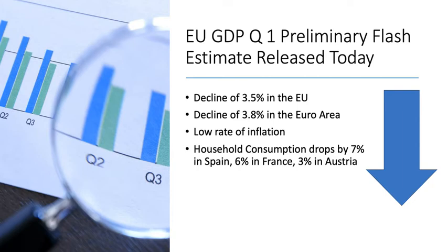These are compared to the numbers from the fourth quarter of 2019. And that just gives you a sense of the substantial drop-off in economic activity. Household consumption is a major driver of GDP everywhere.